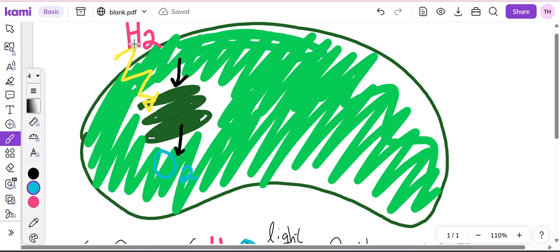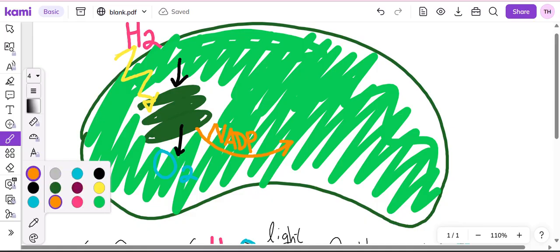And then the hydrogen is actually going to hitch a ride with another molecule, let's make it orange, which is NADP plus. So NADP plus, the hydrogen that came from water, here's our hydrogen from water, that's going to take a ride over to the Calvin cycle or the light independent reaction.